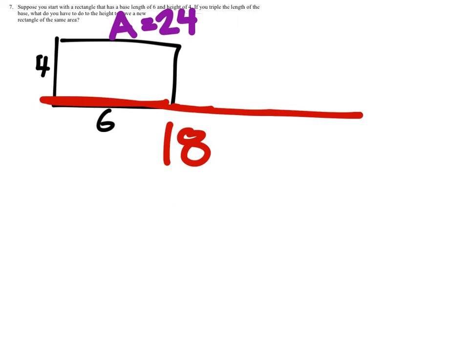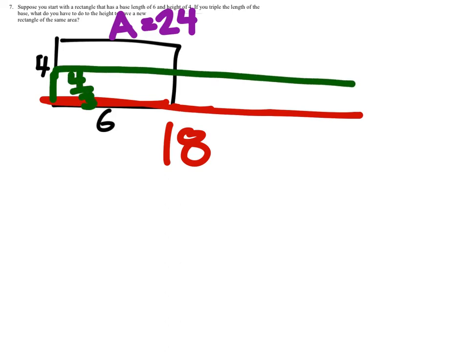Well, as it turns out, we would have to cut the 4 in thirds to maintain an area of 24. So that would be 4 thirds as the height now. So it would be 4 thirds by 18. 4 thirds times 18 gives us an area of 24.